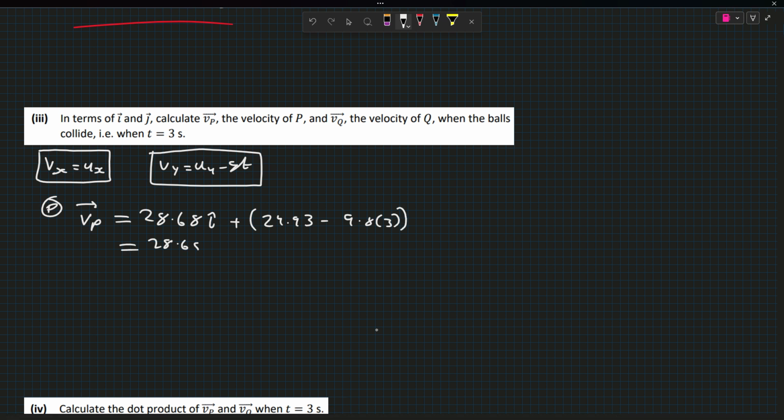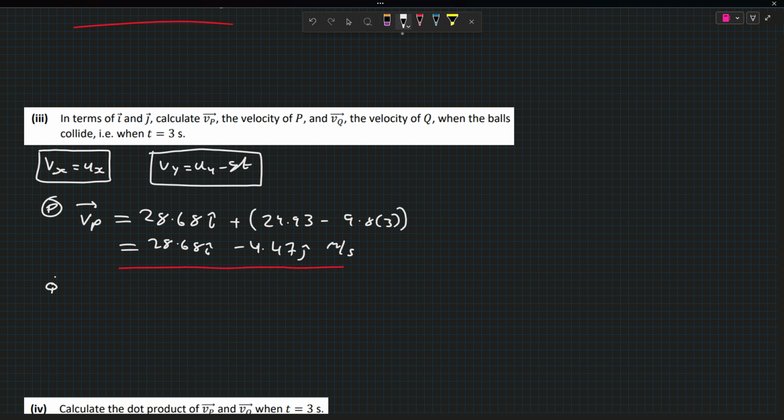Now this could be minus, but we'll just see. So 24.93 minus 9.8 times 3 is minus 4.47 j meters per second. That's the velocity of P.